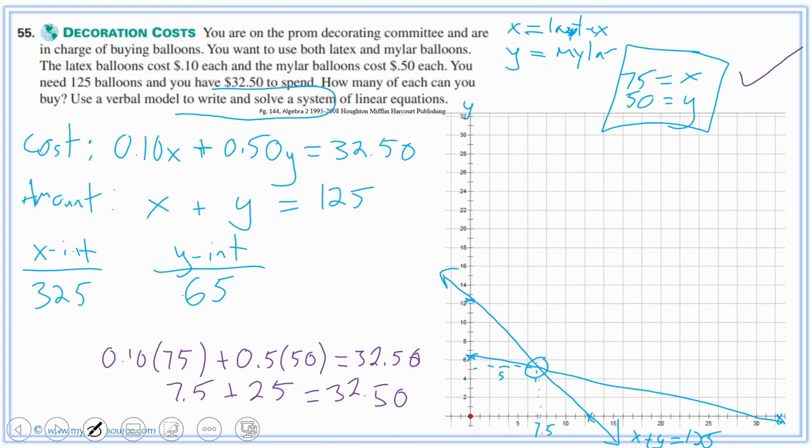All right, so 7.5 plus 25, that is correct. So that is our correct answer, right? And so just remember, with a ruler and with proper graph paper, you don't have to do this check, but it's always good to check your answers. So 75 latex balloons and 50 mylar balloons would be the amount that you want to buy so that you have enough money and a decent amount of balloons.